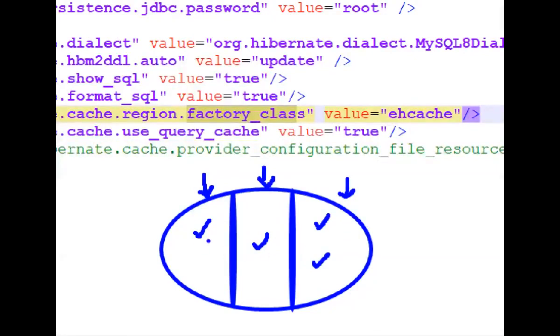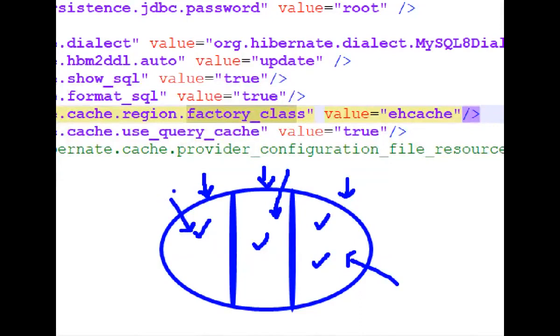Every region we can identify with a name. I'll tell you how to put the name. And for every region, we can do different settings. In this region, I want to store only 10 objects. In this region, I want to store more objects, 25. But in this cache region, I want to store only 5 objects. That means I can do settings.